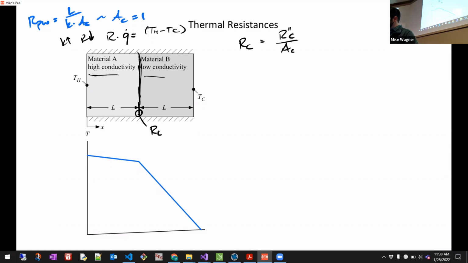Let's sketch out what happens. At this interface, if you zoom in at the microscopic level, you're going to see a very jagged border. At the microscopic level, there are discontinuities in the material, and it's not perfectly aligned. The other material next to it is going to be like this. So when it comes down to it, you actually have relatively little area that's actually in contact.